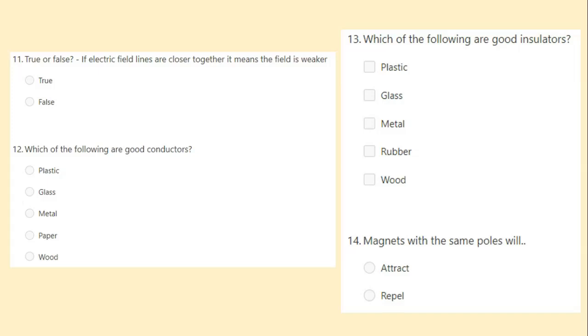Question 12. Which of the following are good conductors? Our options are plastic, glass, metal, paper, and wood.